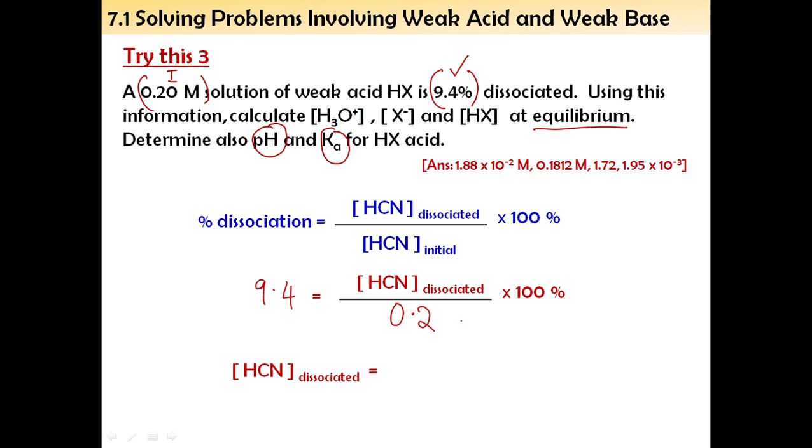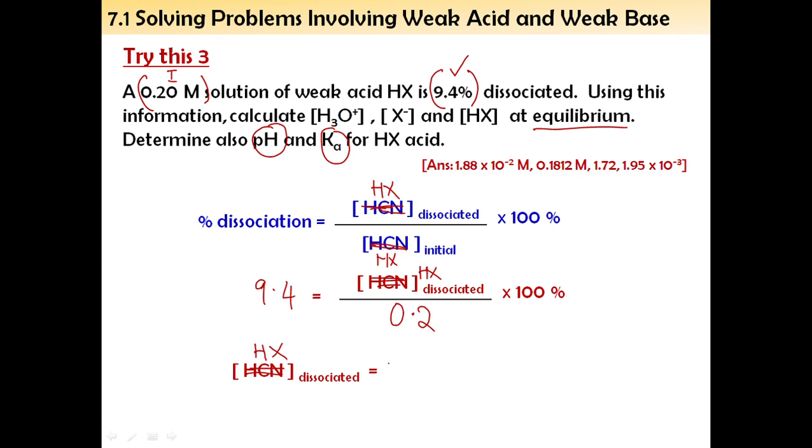So, saya nak semua orang tolong tekan calculator sampai you dapat HX dissociated. Okay, sorry, ini adalah HX. Okay, this one pun HX. Ni pun HX. Okay, sorry. So, this one is also HX. Okay. Jadi, bila kita dah ada nilai macam ni, awak tekan calculator sampai you dapat.